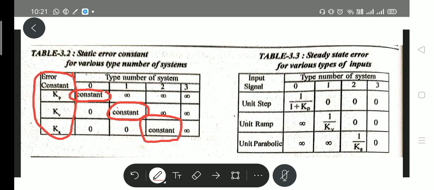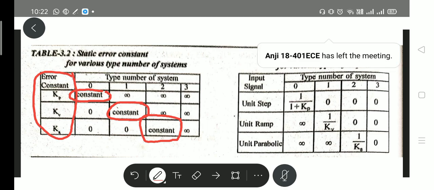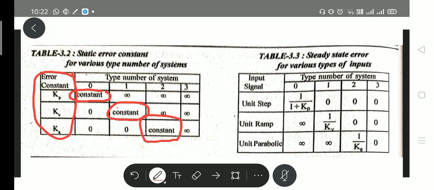The formula for the unit step, positional error: in type 0, the steady state error is 1 by 1 plus Kp. In type 1 systems, with unit ramp and velocity error constant, it is 1 by Kv.